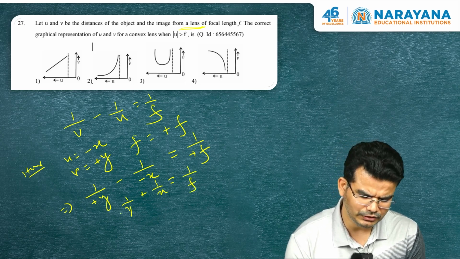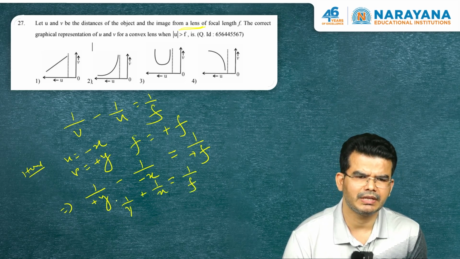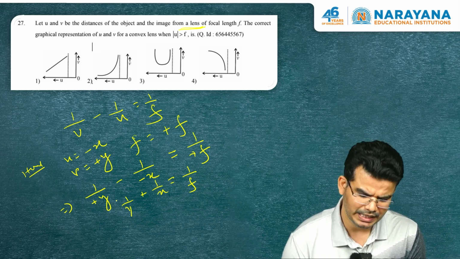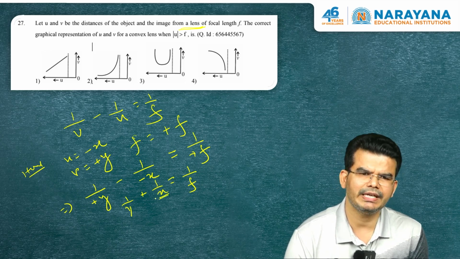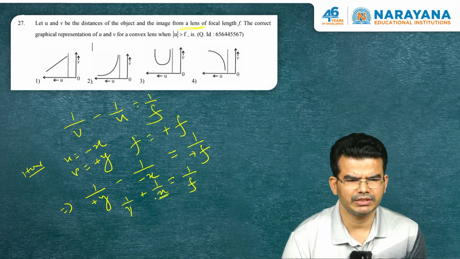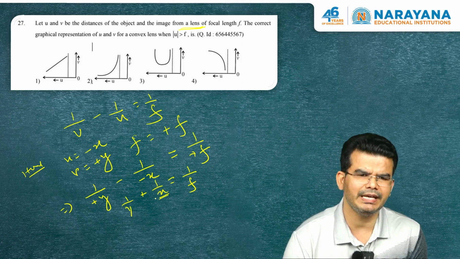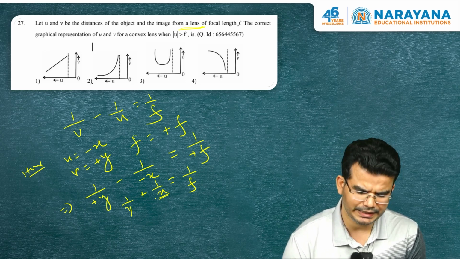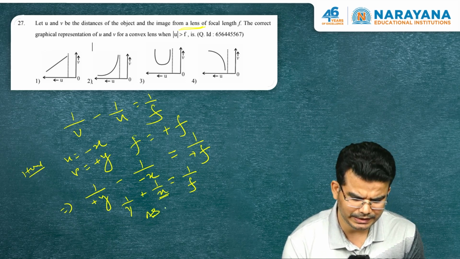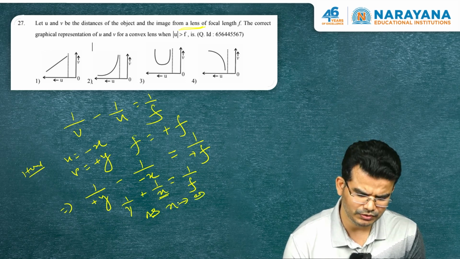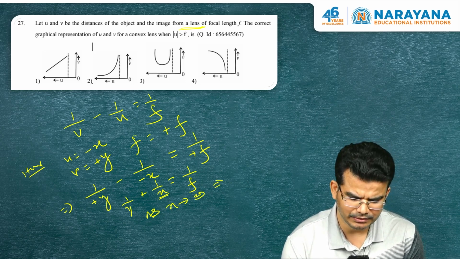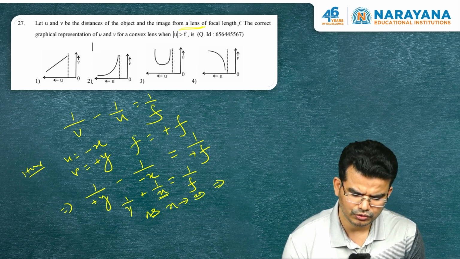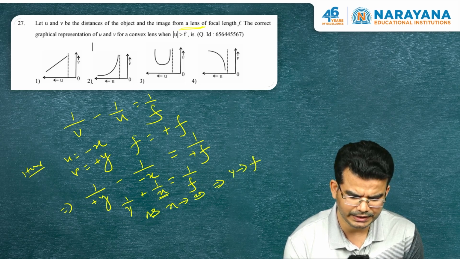This y is actually v, or rather modulus of v, and x is u, or modulus of u. So how does this relation look? From the basic idea, as x tends to infinity, 1/x tends to 0, so y tends to f.